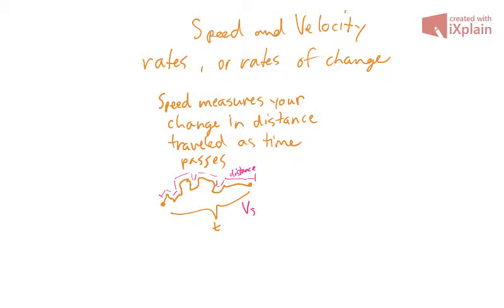Specifically, it's your speed, and so it's the amount of distance divided by the amount of time. That's how to get this rate of change. It's the rate of change of distance over time.